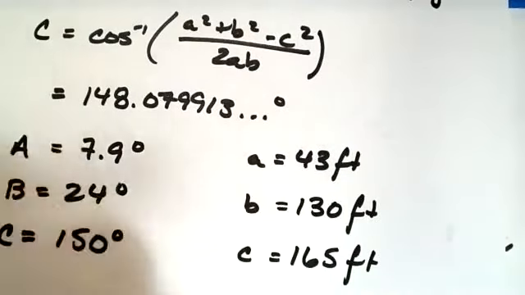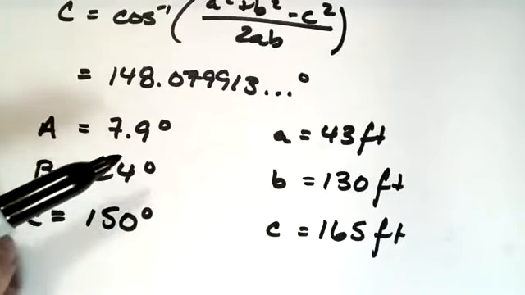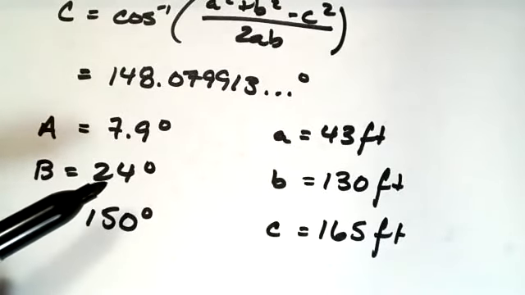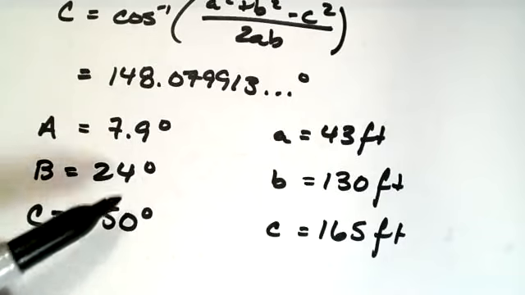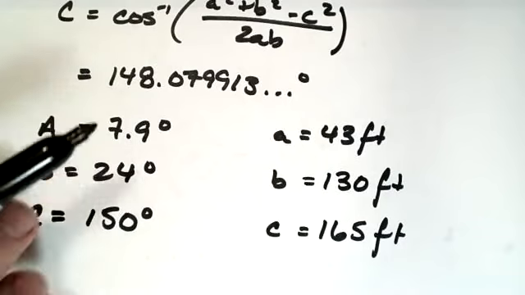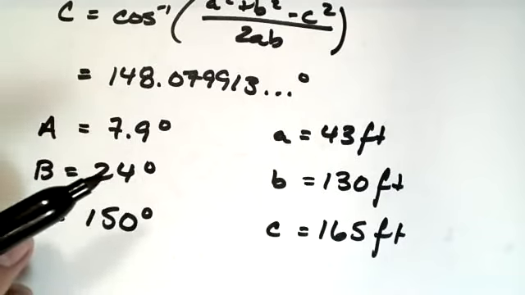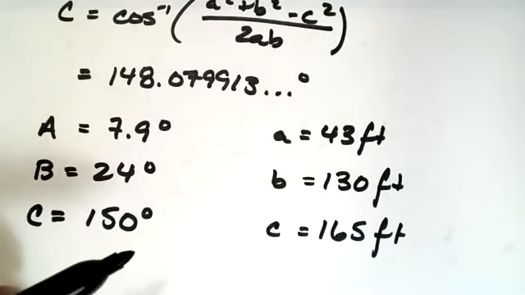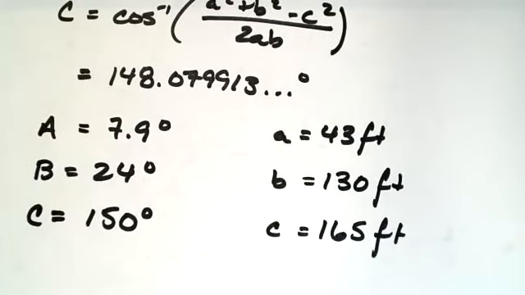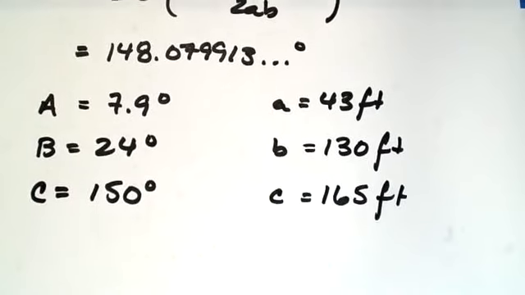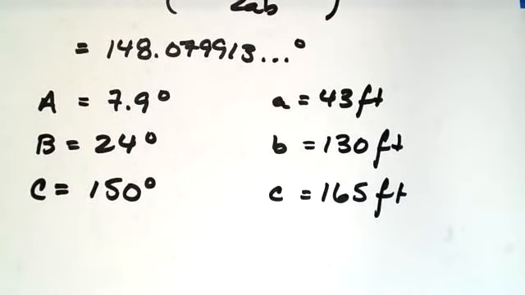So here we have this really bizarre mismatch between these different angles. And notice if you add up the angles, they're going to be way above 180 degrees. They're going to be like 181.3 or 181.9. But that is because of the significant digits rules. And I will tell you that in my experience, this would be the wrong thing to do, because you would end up with all kinds of a messed up situation.